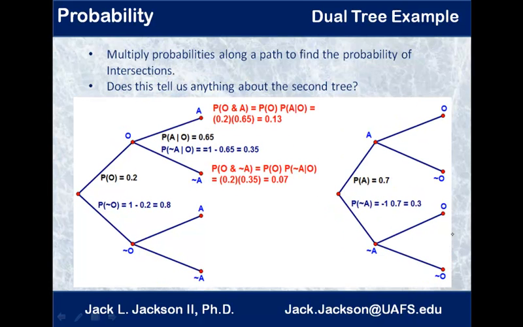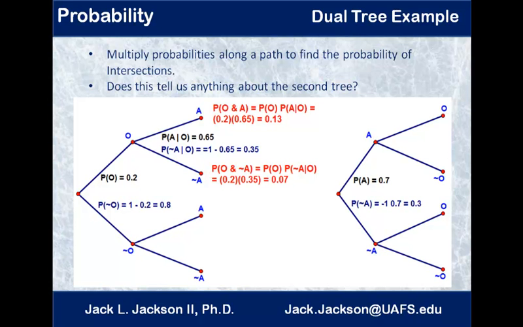Okay, we're back and we see that we can actually use our multiplication rule that says that the probability of O times the probability of A given O will be the probability of O intersect A, or O and A. So the probability that it's outstanding and was judged by panel A is 0.2 times 0.65, or in other words 0.13.